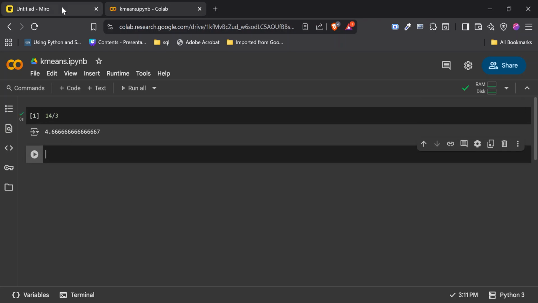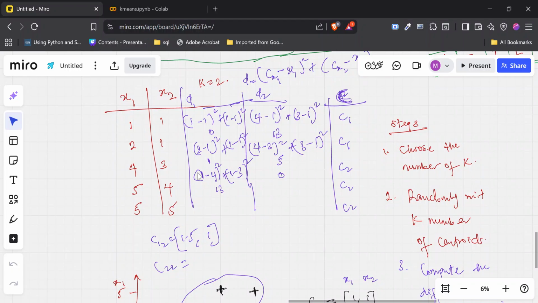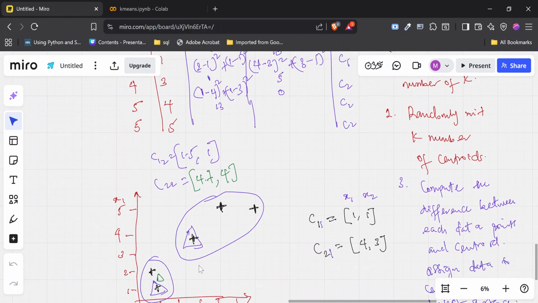So we can say, let's just say 4.7 comma 3 plus 4, that is 7, 7 plus 5, that is 12, 12 divided by 3, that is going to be 4 if I'm correct. Yeah, 12 divided by 3 is 4. So C22 is going to be 4.7 comma 4.